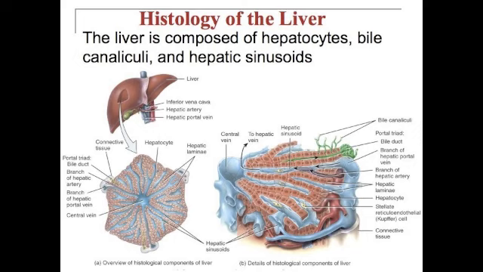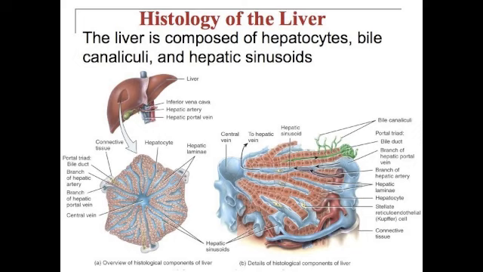Hepatic sinusoids are highly permeable blood capillaries between rows of hepatocytes that receive oxygenated blood from the branches of the hepatic artery and nutrient-rich deoxygenated blood from the branches of the hepatic portal vein. Recall that the hepatic portal vein brings venous blood from the digestive canal organs and spleen into the liver.